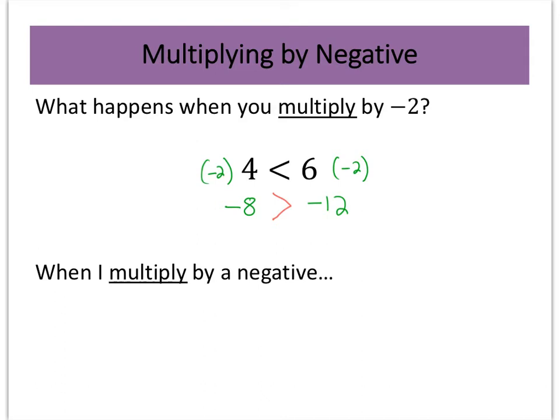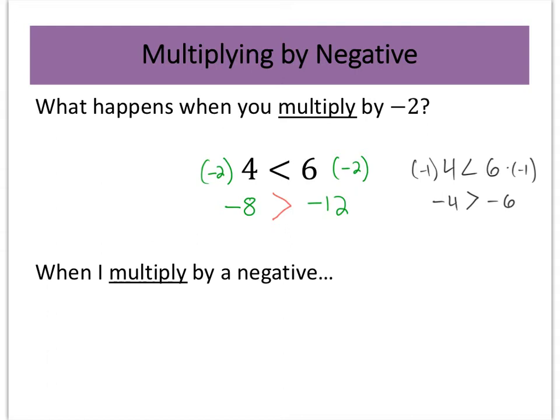And you'll find that no matter what we multiply by, so long as it's negative, so let's say negative 1, we'll always have to flip the sign because the values change so much. So that's what happens when we multiply.